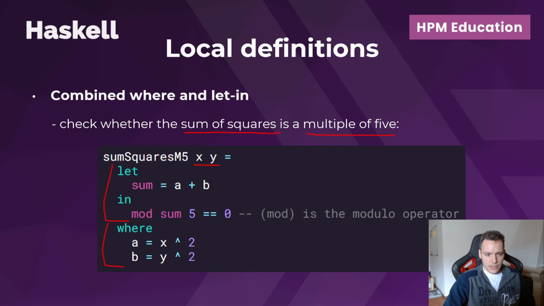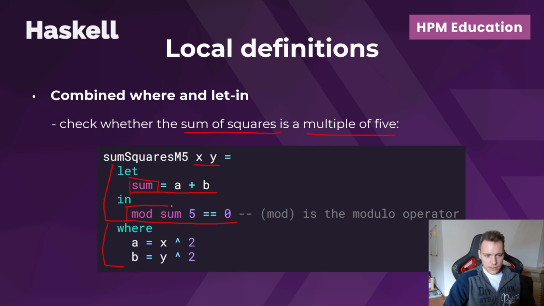So we say let sum be defined as the sum of these squares, modulo, and modulo is the operator for getting the remainder of division. So here we divide sum by 5 and get the remainder of the division. If that's 0, we know that it's a multiple of 5.